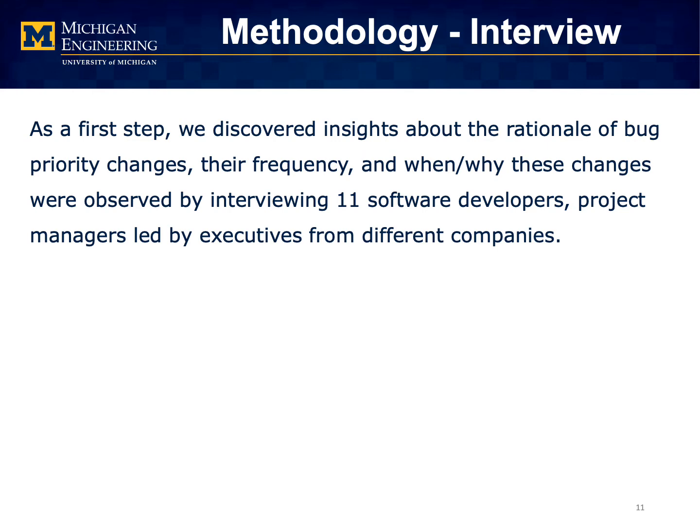As the first step, we discovered insights about the rationale of bug priority changes, their frequency, and when and why the changes were observed, by interviewing 11 software engineers, developers, and project managers, led by their executives, from different industrial companies.